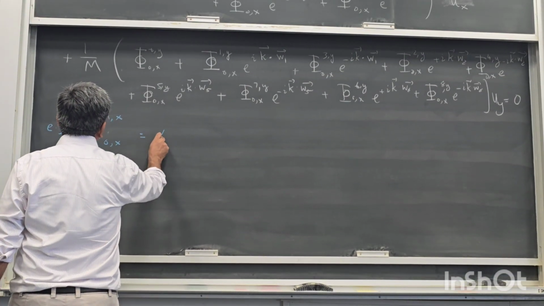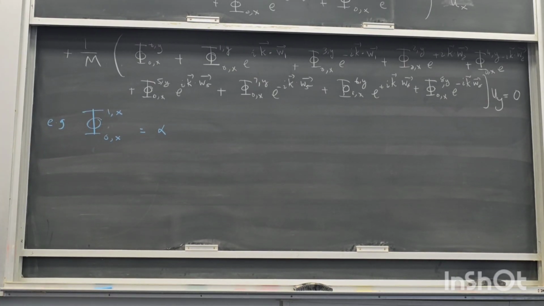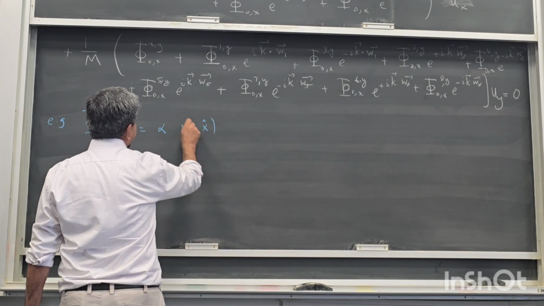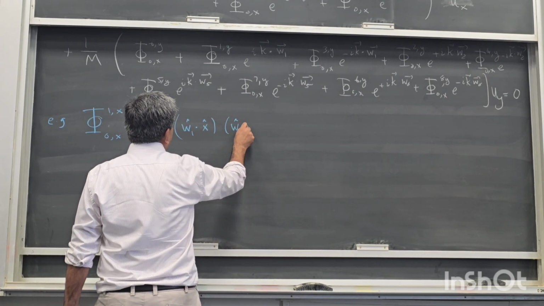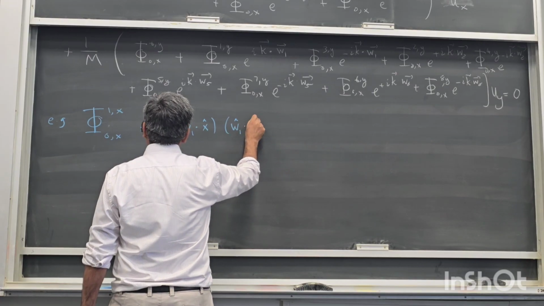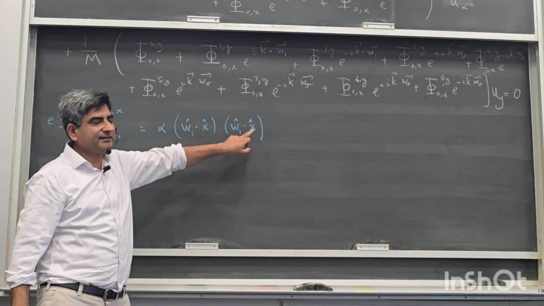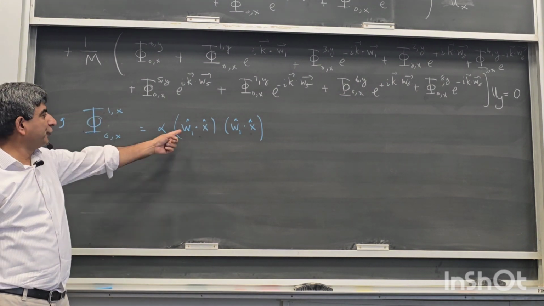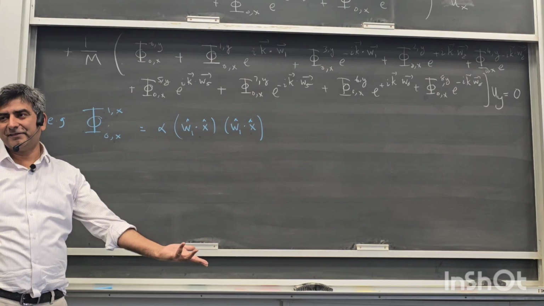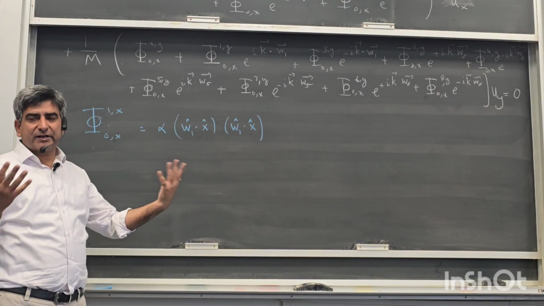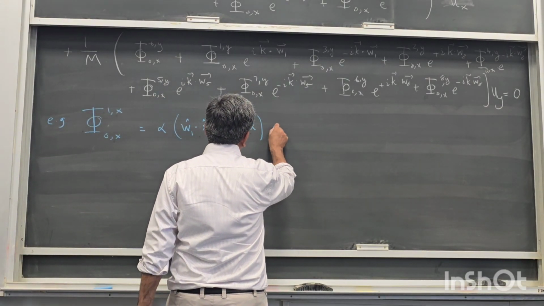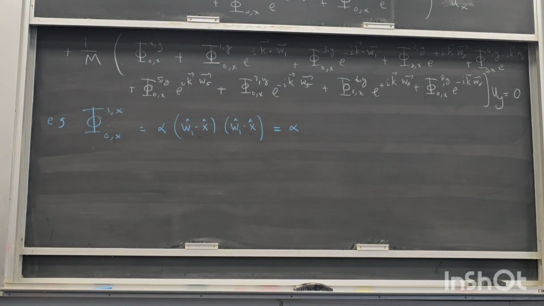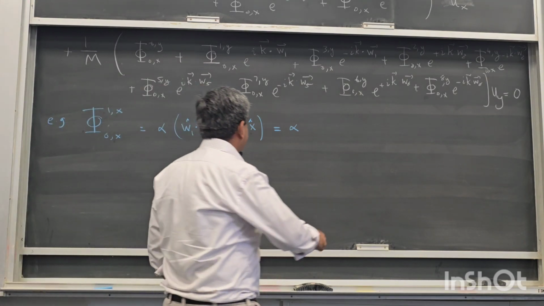The strength is alpha, and I need W1 dotted with unit vector x, W1 dotted with unit vector x, because there's x's on both sides and the vector that connects 0 to 1 is W1. Now the unit vector W1 is along x itself. So unit vector x with itself dot product is 1. This gives me alpha. Right?